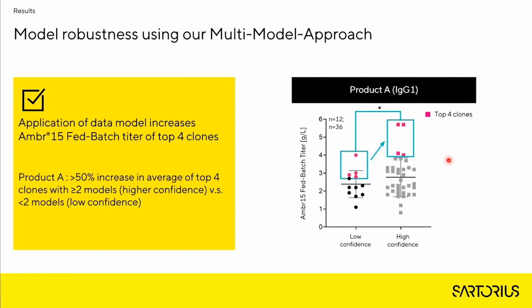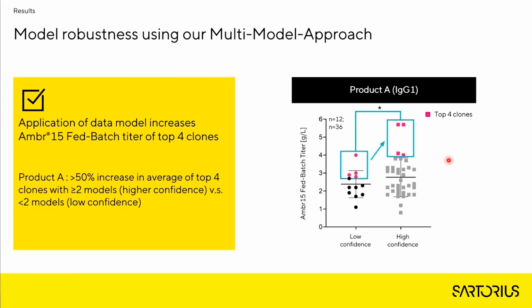And then when we compare the antibody titer in number 15, the prediction made by the model, we see a significant difference between the clones selected with higher confidence and those with lower confidence.